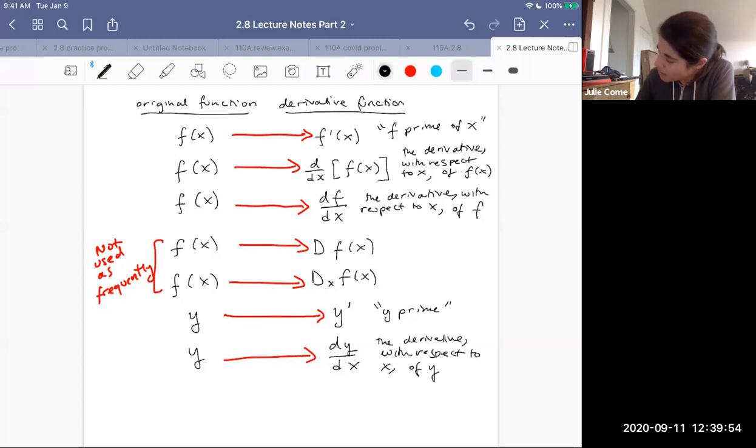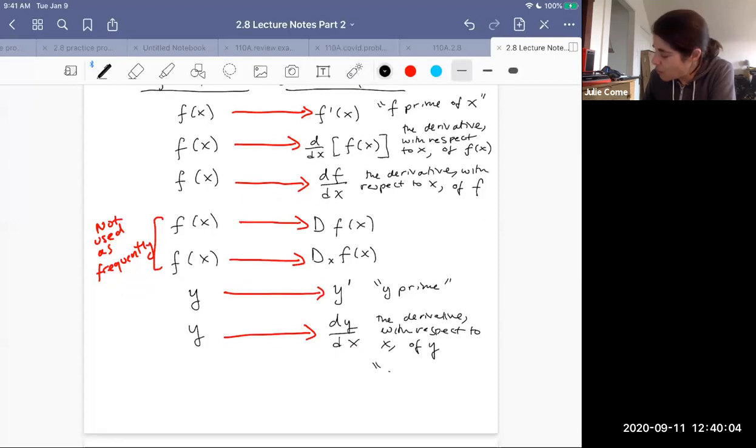Basically, it's like you're doing d dx of y. And in layman's terms, we read it as dy dx. That's just how we say it. So if you ever hear dy dx, it's talking about the derivative of the y function.